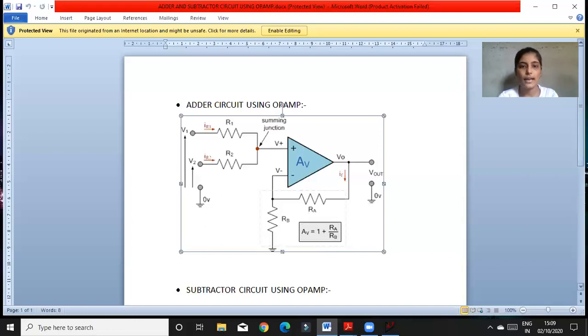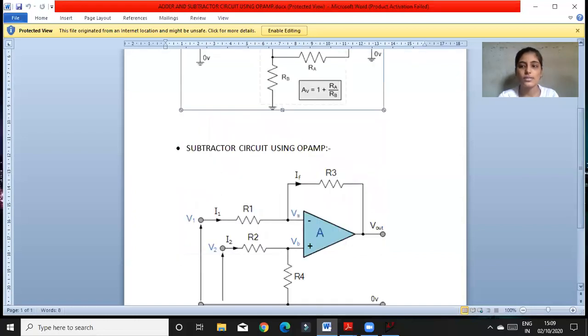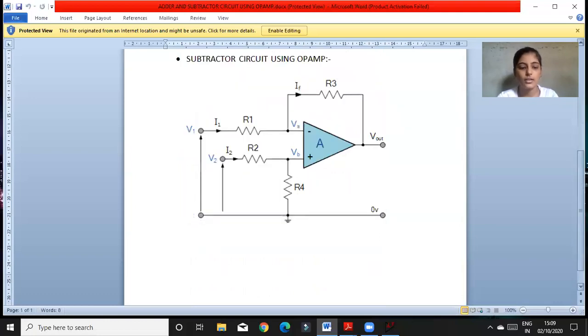So this is my adder circuit, and now the subtractor one is the differential amplifier, which amplifies the voltage differences present on the inverting and non-inverting inputs. The differential amplifier amplifies the difference between the two voltages, making it a type of operational amplifier circuit.